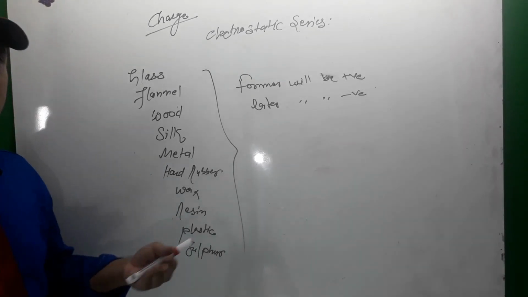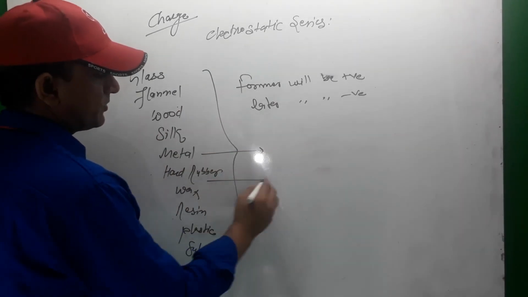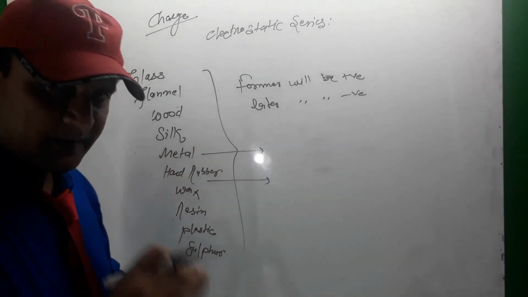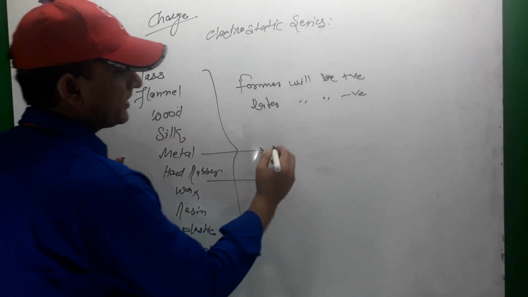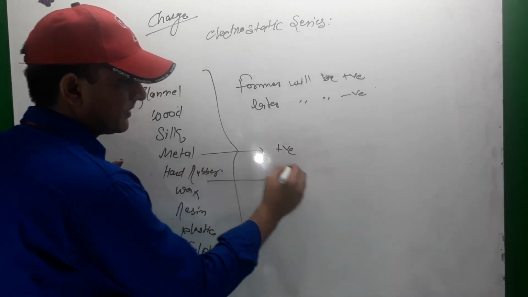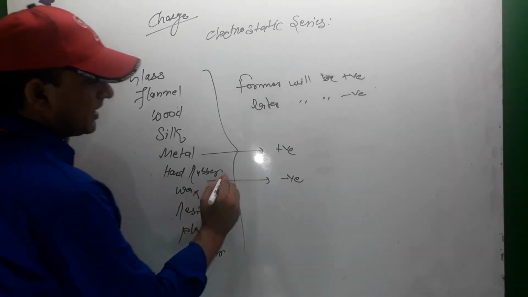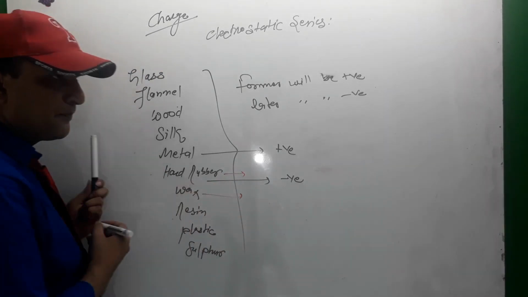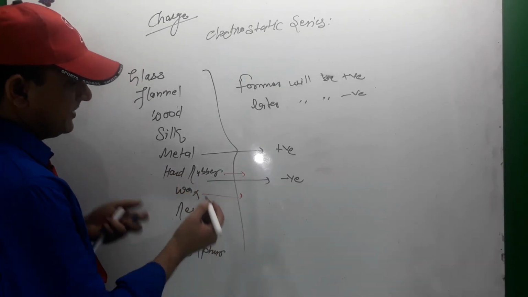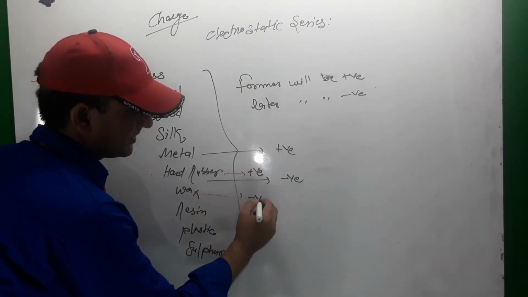So I think you would have known. Let's take an example. I am discussing metal and rubber. If metal is rubbed with rubber, then metal would get positive charge in comparison to the rubber. If you compare rubber and wax, rubber would get positive and wax would get negative.